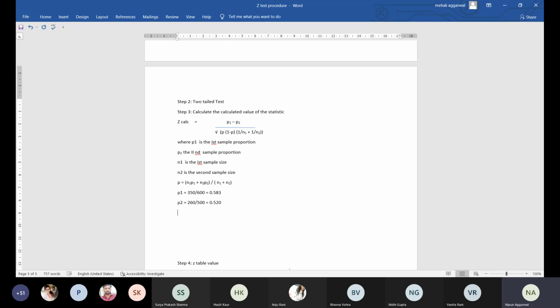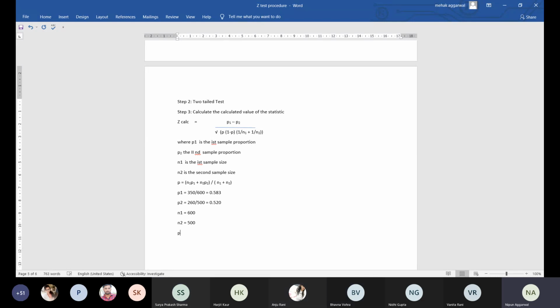Now calculate the value of P. So P is equal to N1 P1 plus N2 P2 over N1 plus N2. N1 is the total sample size for medicine 1, which is 600, and N2 is 500.